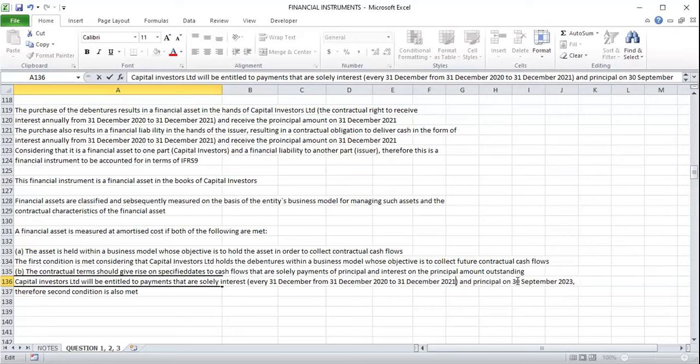And the principal on 31 December 2021. Therefore, the second condition is also met.